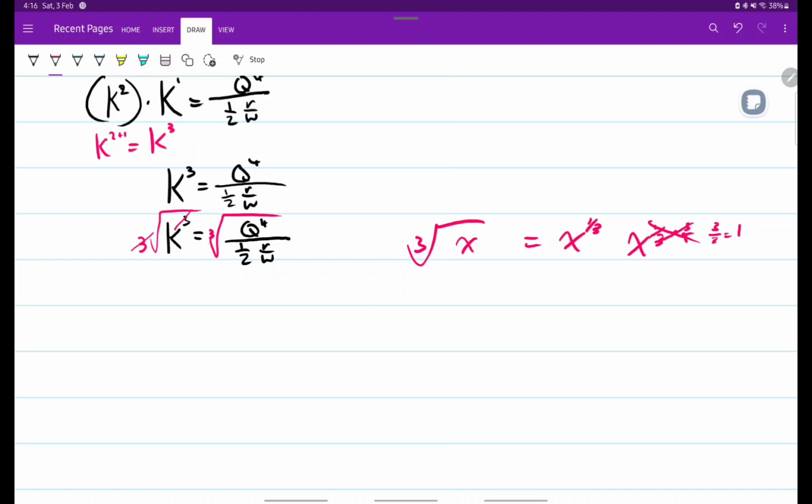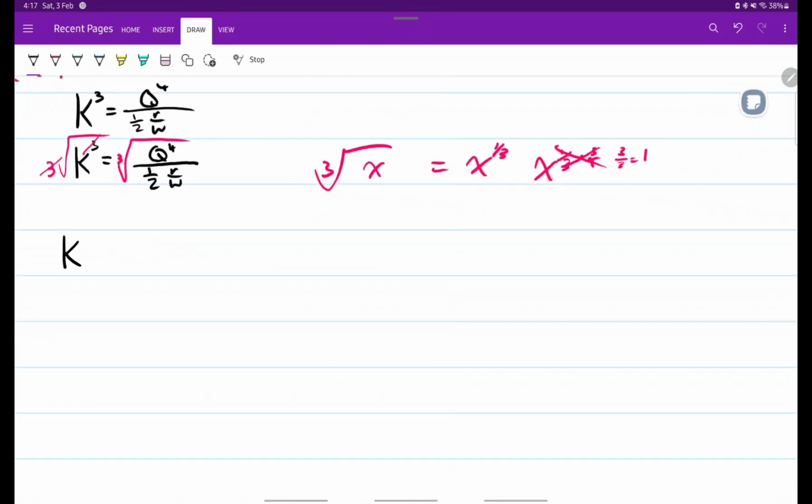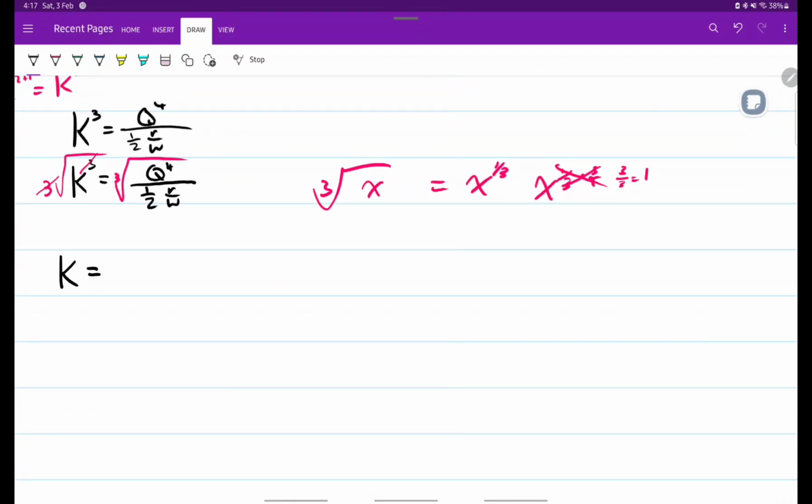God, I should script these. Okay. So, you will get k. Okay, we finally got k by itself, which is good, because you could leave it like this. But usually we want to simplify things down as much as possible. I'm going to skip a line, blasphemy.